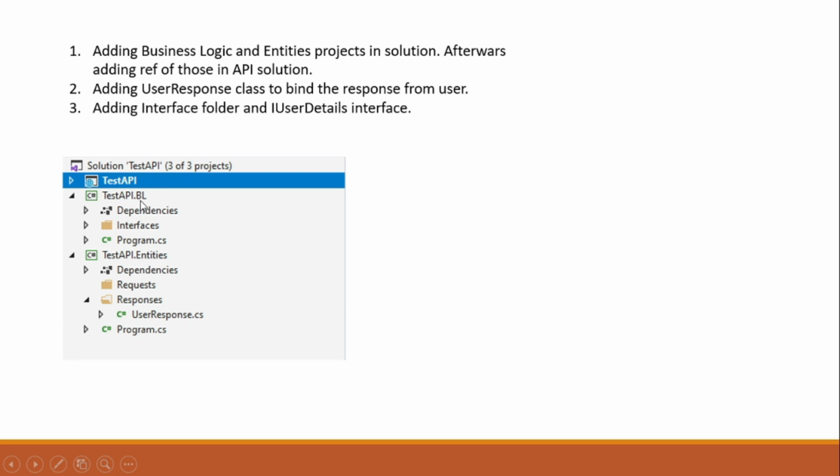The API is responsible for handling the routing and the HTTP calls which come through the API solution. So what is the advantage of decoupling the business logic and entities from the actual solution? The major advantage is that it makes our code concrete and lighter.